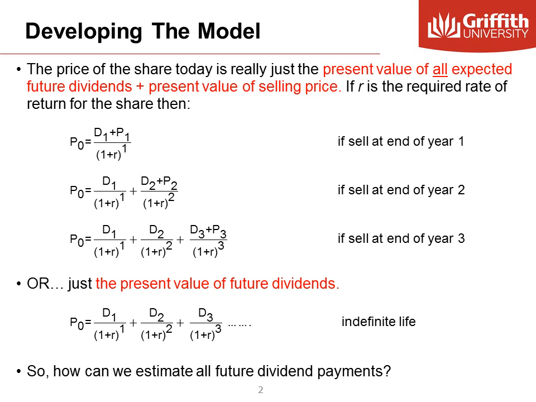If we have a share and decide to sell it in 1 year's time, then the price today would be the present value of the dividend received during the year and the selling price in a year's time.